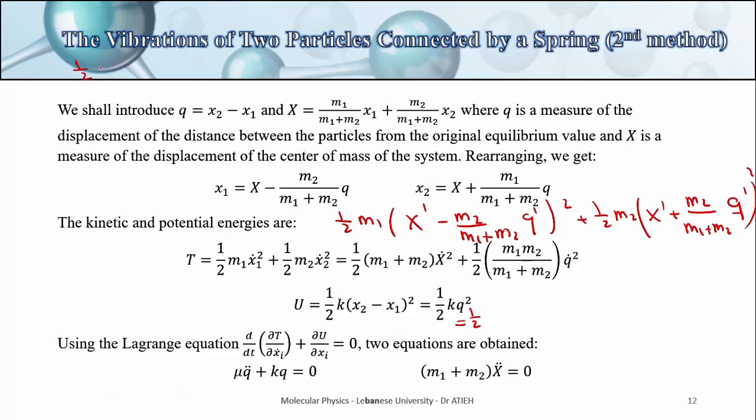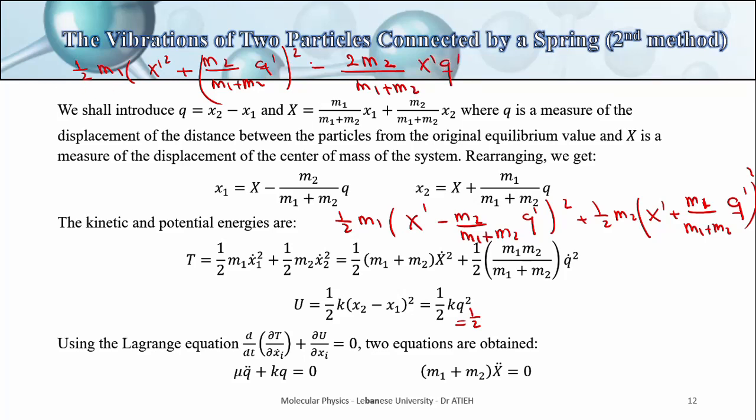It's half m1 times x prime squared plus m2 over m1 plus m2 q prime, all of it squared, minus 2 m2 over m1 plus m2 x prime q prime.